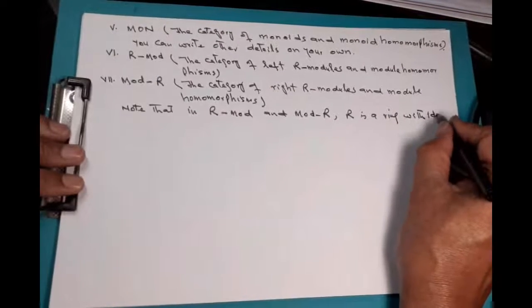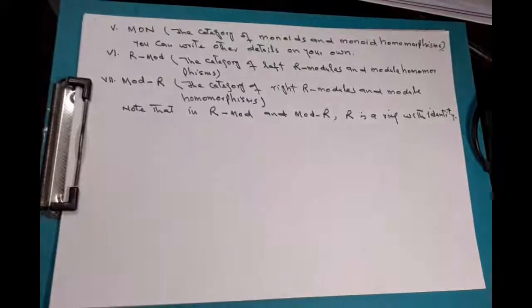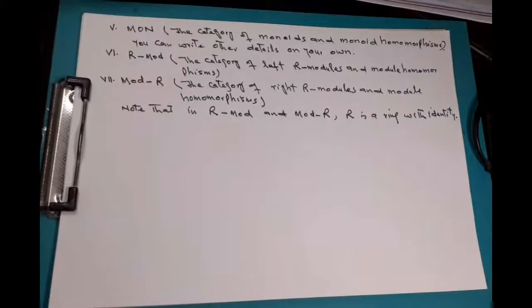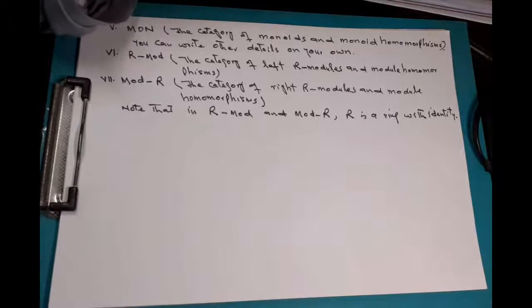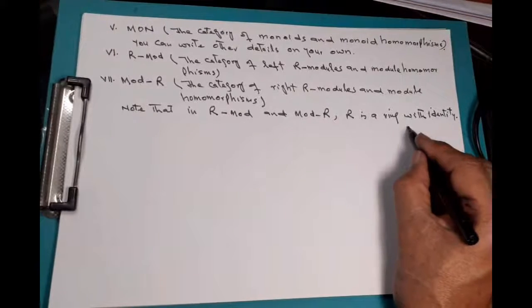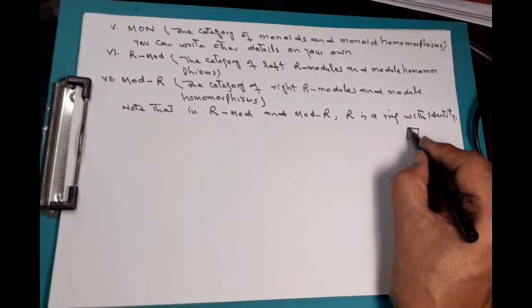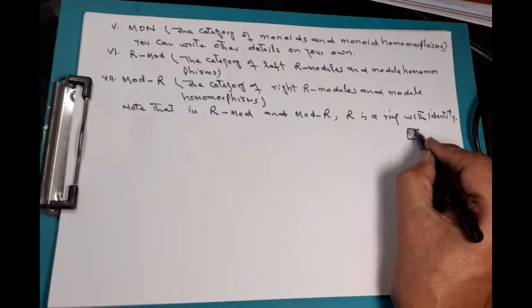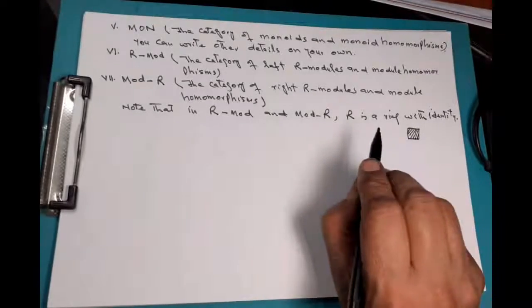So the category of left R modules, the category of right R modules, and in both these categories, the homomorphisms will be the module homomorphisms. So having discussed all these examples, now we are in a position to give a formal definition of a category, and you can very easily see what this definition is going to be.